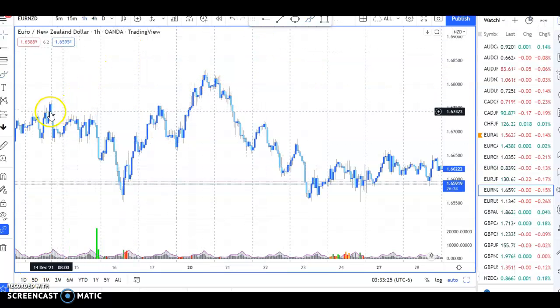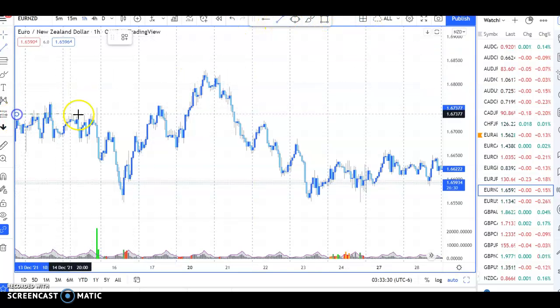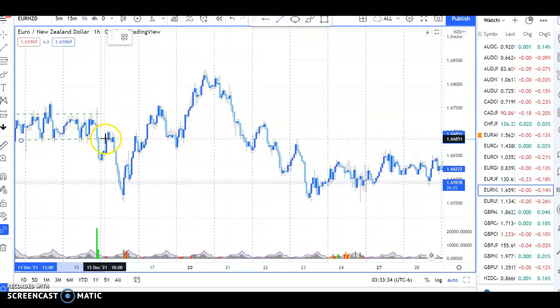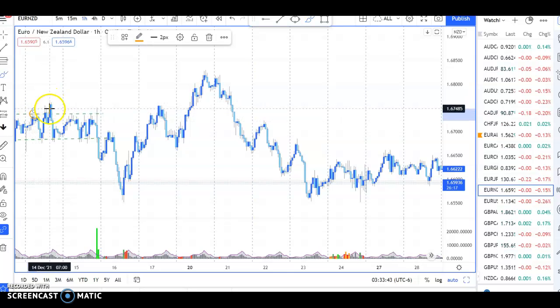Okay, on this one, we're going to do the range type. So here we can see that there's a range forming in this area, and sellers, and sellers.